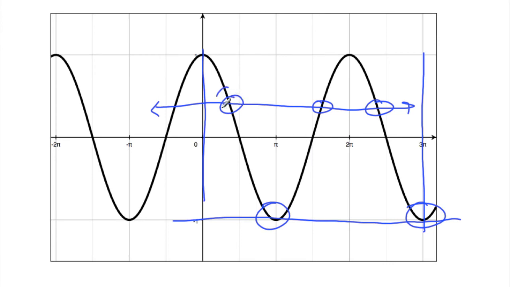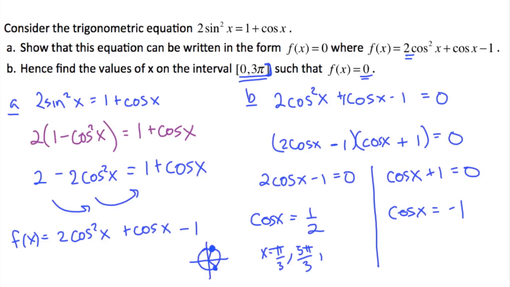It's basically this same one, but 2 pi later. So we're going to get pi over 3 plus 2 pi, which is the same thing as 6 pi over 3, so the whole thing will be 7 pi over 3.